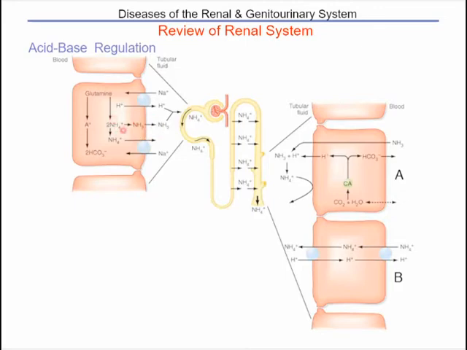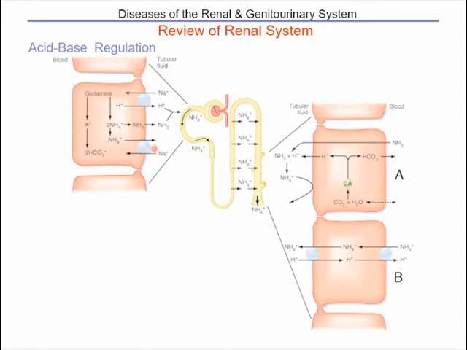So the ammonium ion is secreted into the tubular fluid via this exchanger here. The majority of the ammonium ion is secreted by NHE3, with ammonium ion substituting for hydrogen ion on the transporter. So you have your NHE3, the sodium hydrogen exchanger.